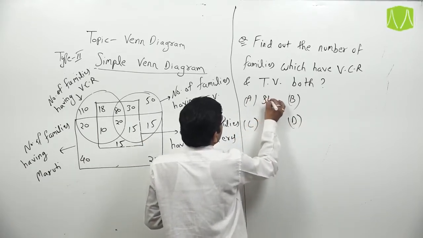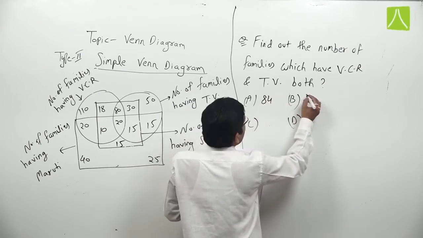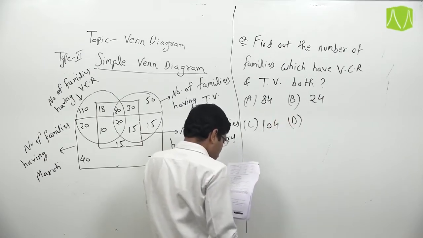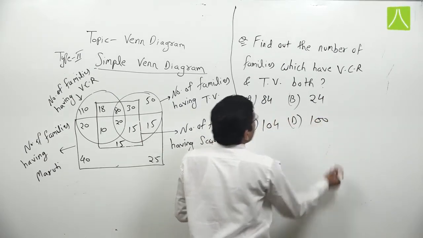Our first option is 84, second option 24, third option 104 and fourth option is 100.